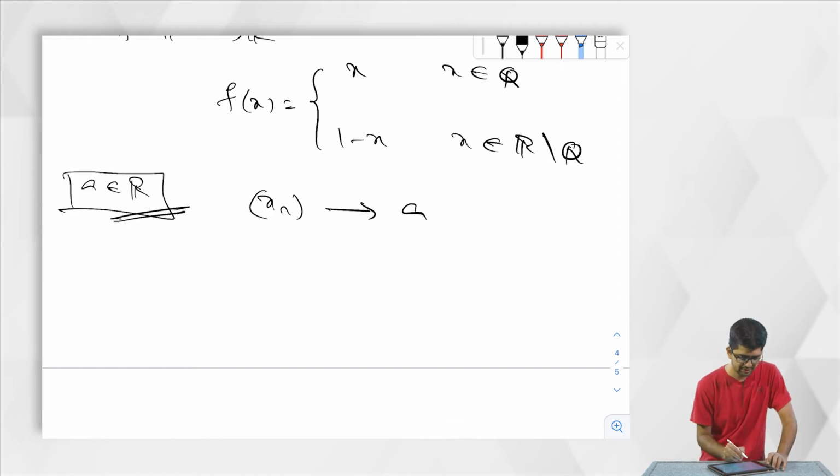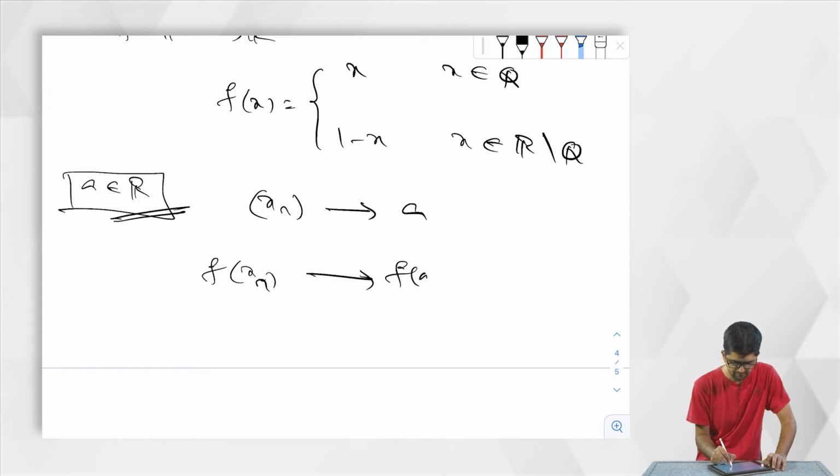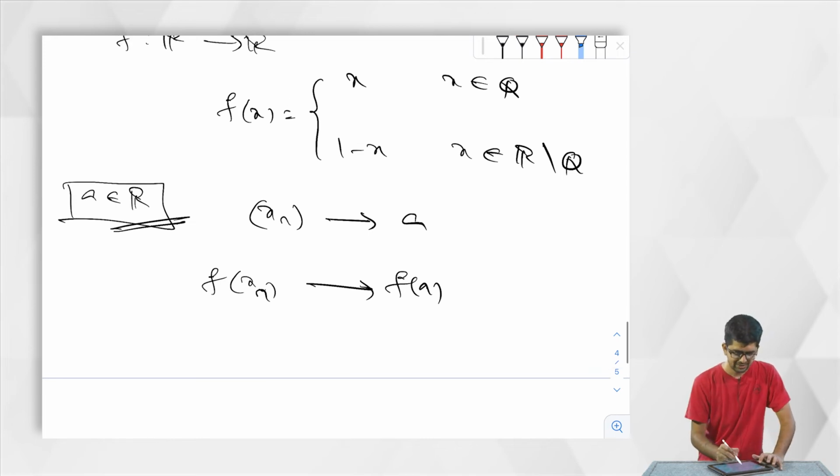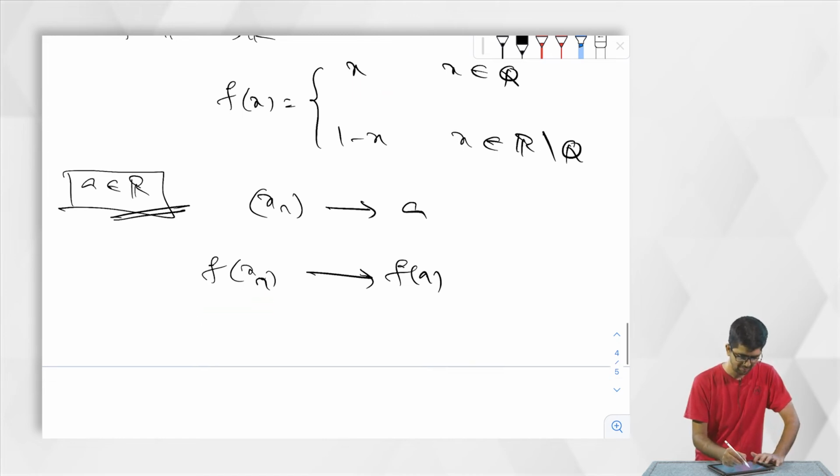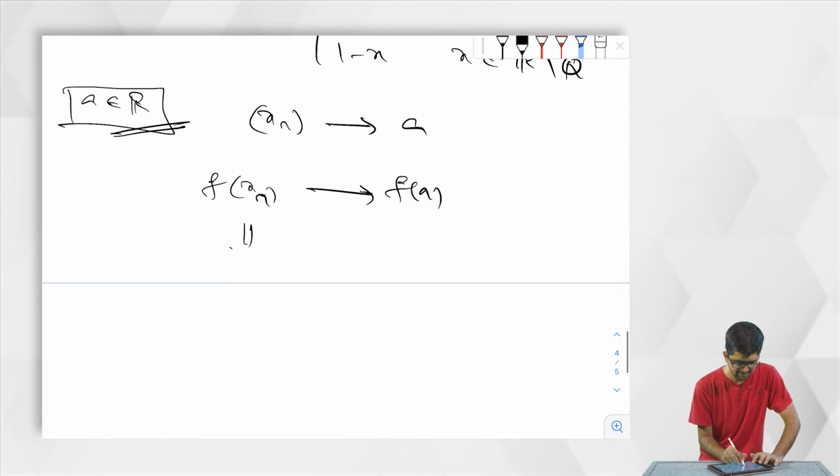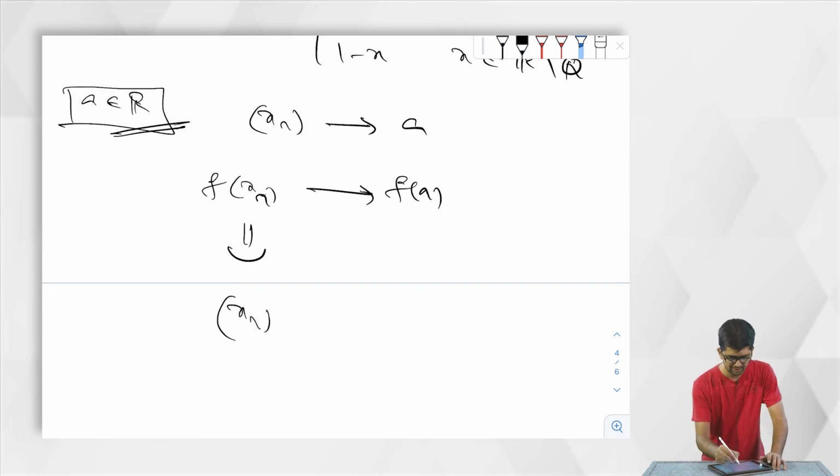Now what we need to check is whether f(x_n) also converges to f(a) or not. Because x_n is an element of Q, f(x_n) is the same thing as x_n. So this is the sequence x_n, and I already said it converges to a.